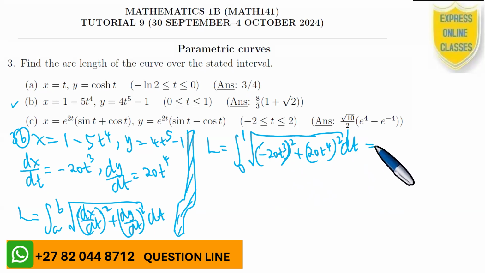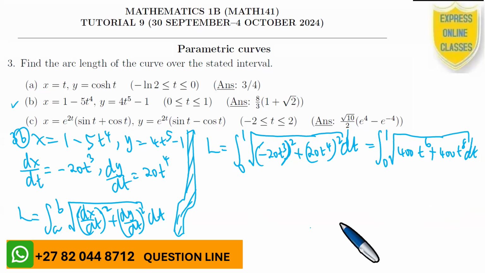So this is the integral from 0 to 1, and then you have the square root. If you square the 20, it becomes 400. Or you can just write it as 20 squared, right? 400 t to the sixth power plus 400 t to the eighth power dt.